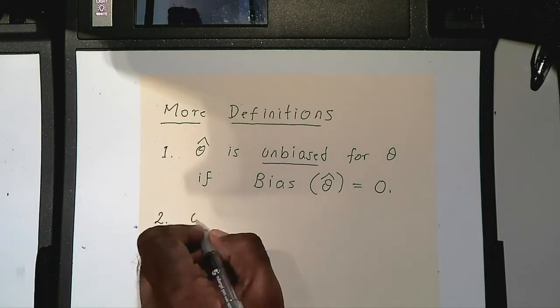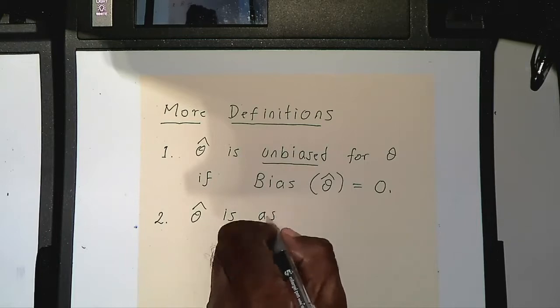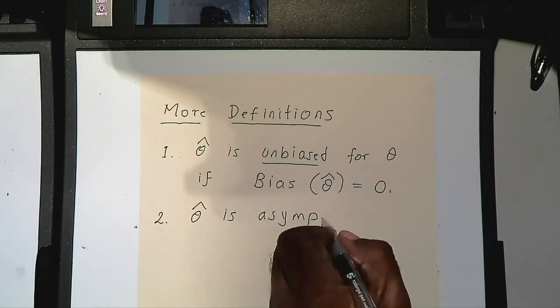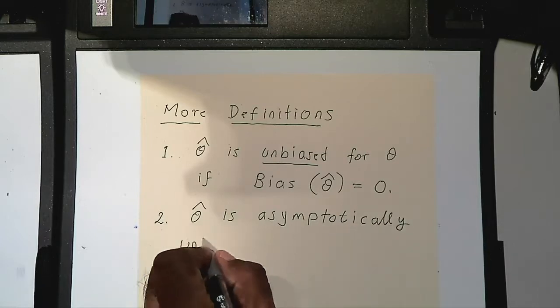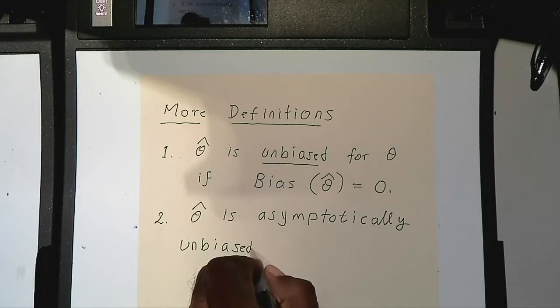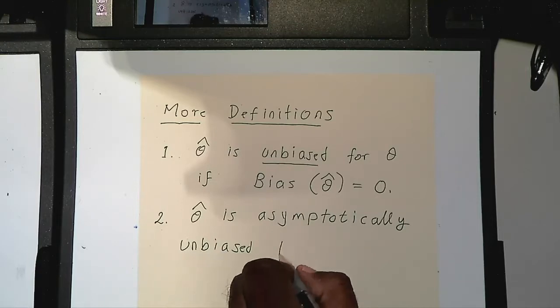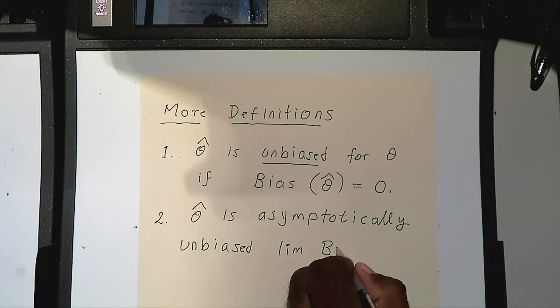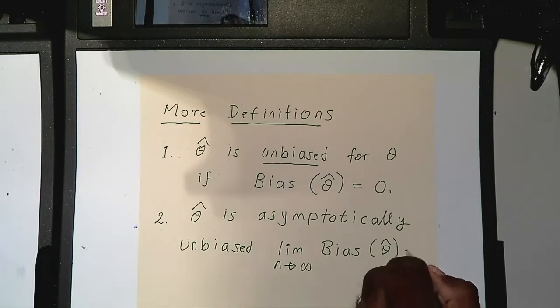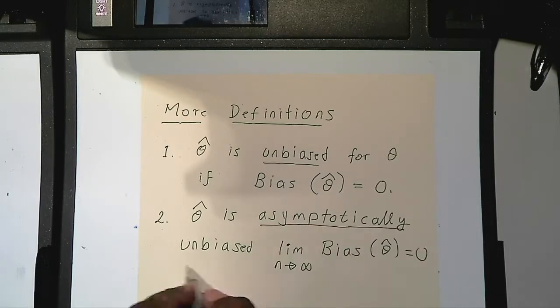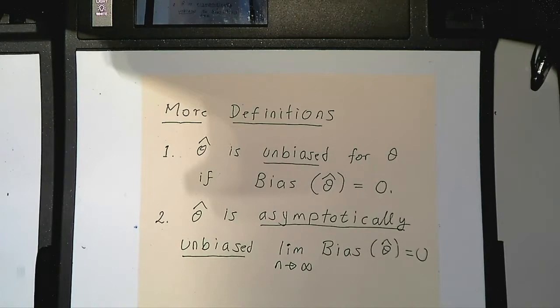Number 2, the key word here is asymptotically unbiased, which means that the limit of the bias as n approaches infinity, n is the sample size, is 0.